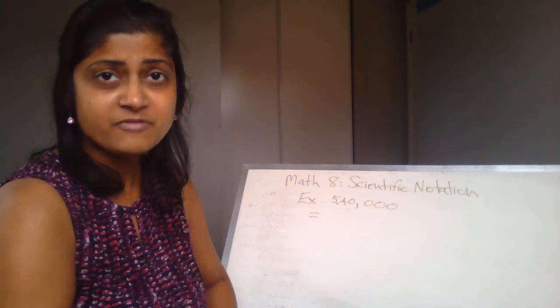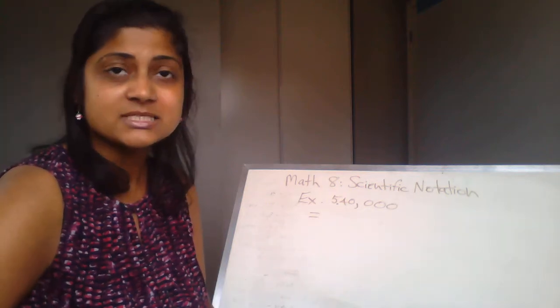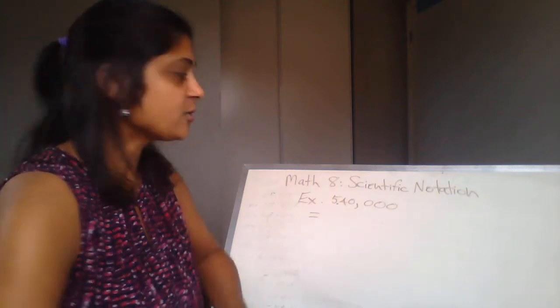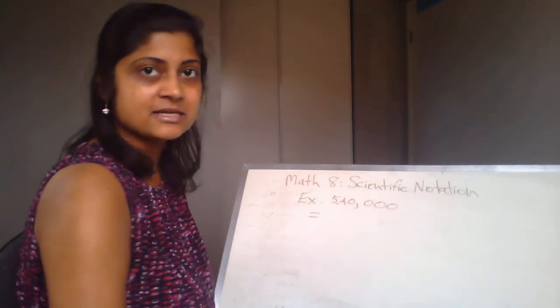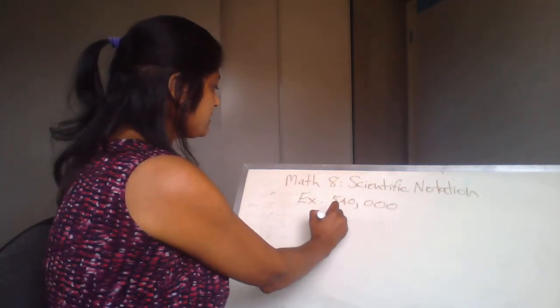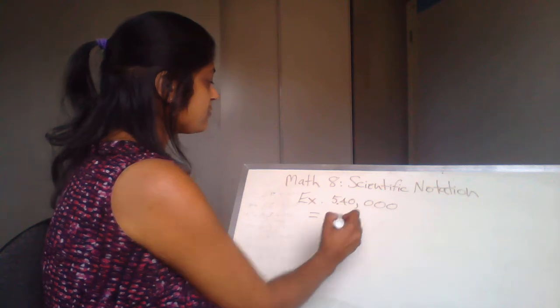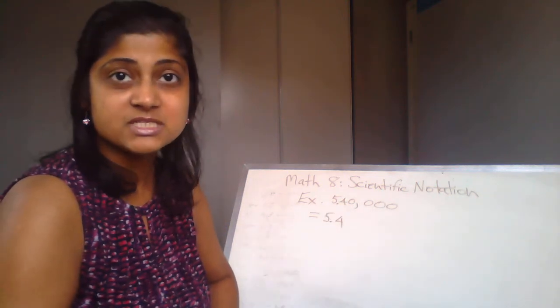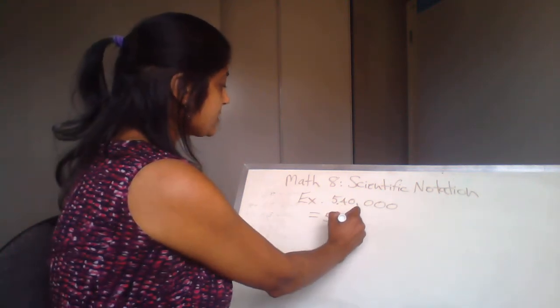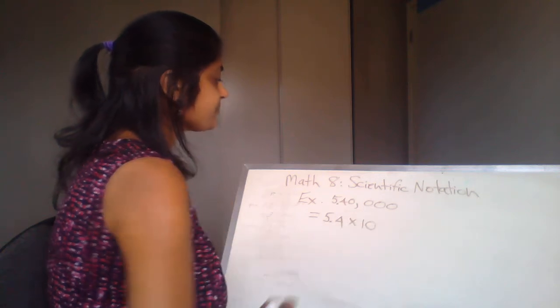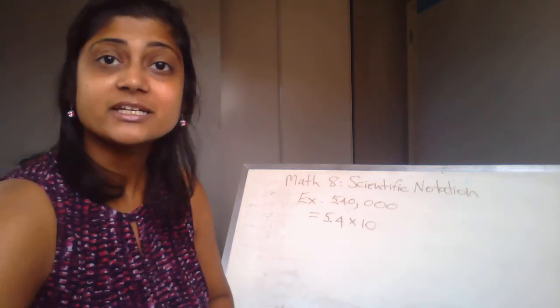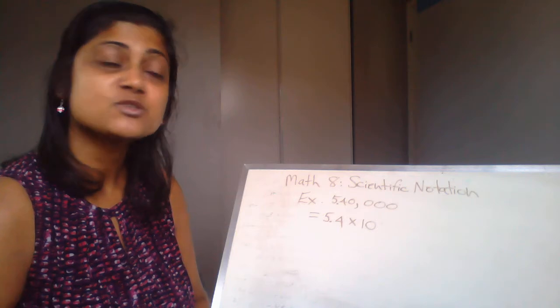Right after the 5, you're going to move the decimal place to the right, all the way until I get to the last 0. When you write this out, it's going to be 5.4. I don't need to write out all of these zeros, and it's always going to be a base of 10 to a power. So move it to the right and then count how many times you're moving it. Let's do this together.